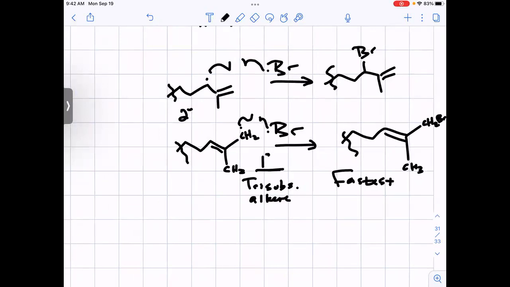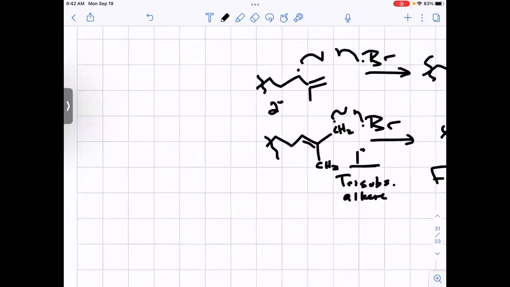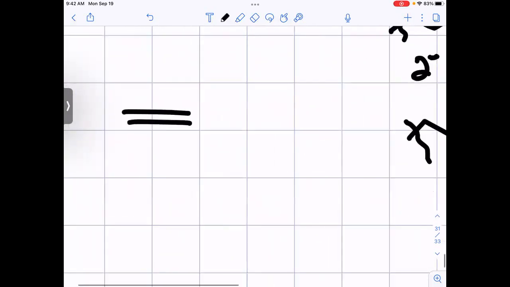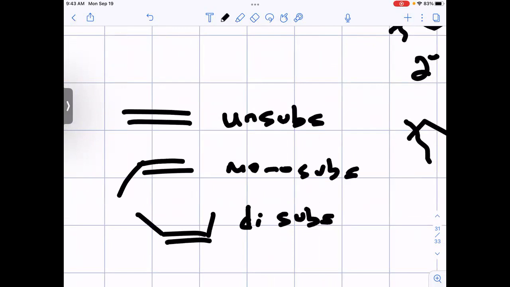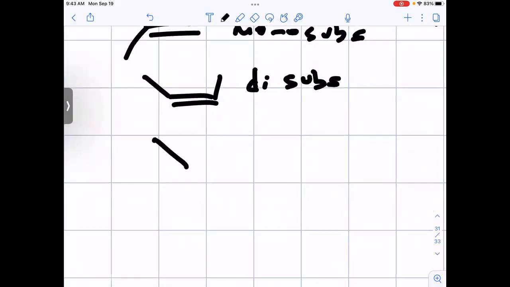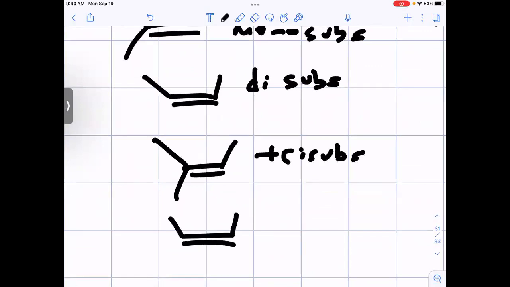Right? So for alkenes, let me just go ahead and refresh that. This is an unsubstituted. This is mono substituted, di-substituted, and then tri-substituted. And then, of course, you can have a tetra-substituted.